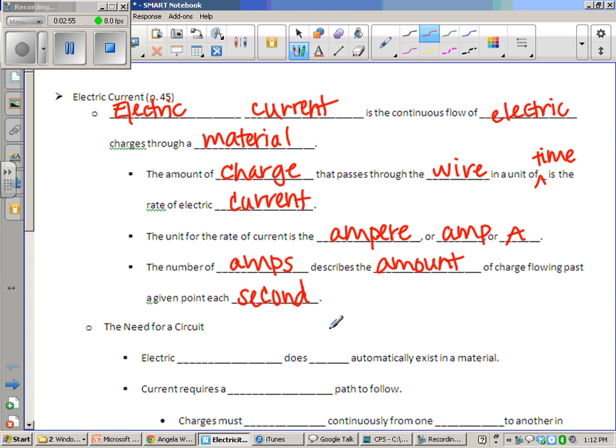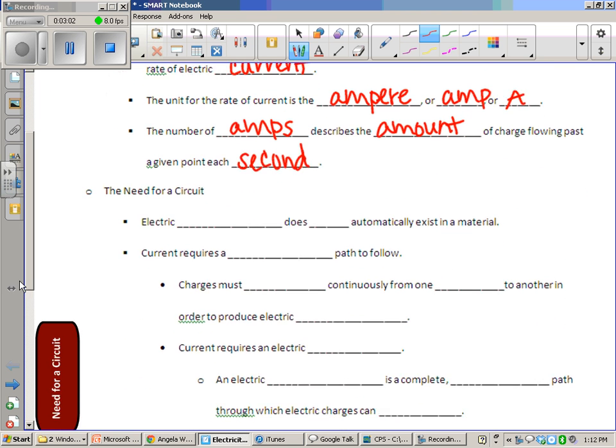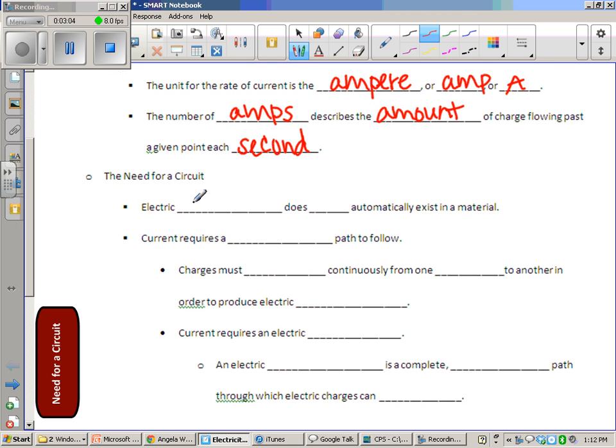Now, there's a need for a circuit because your electric current doesn't automatically exist in a material. You might notice that there's other types of electricity, like static electricity, where it has just charges that will discharge automatically. Okay, there's no path to them.